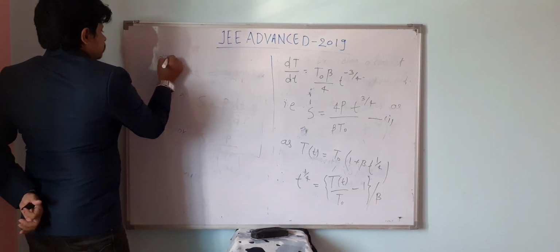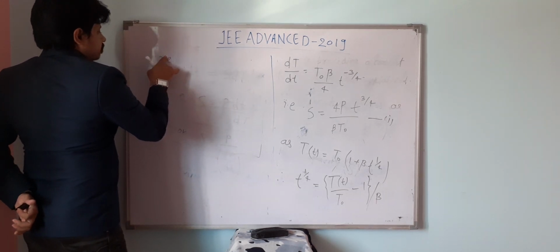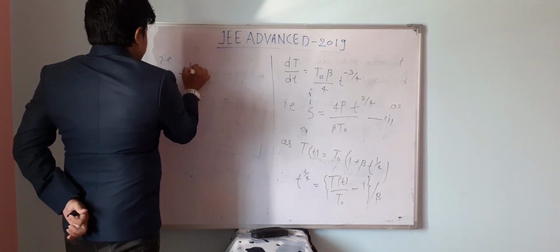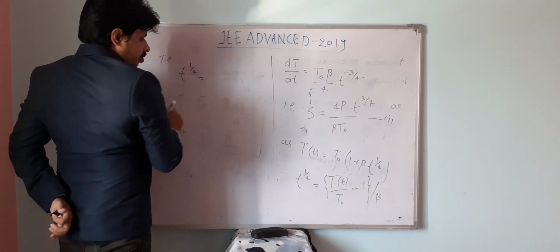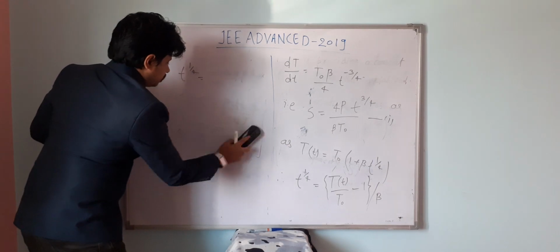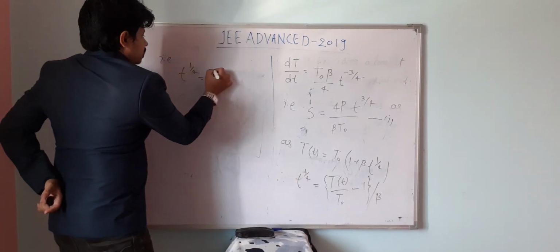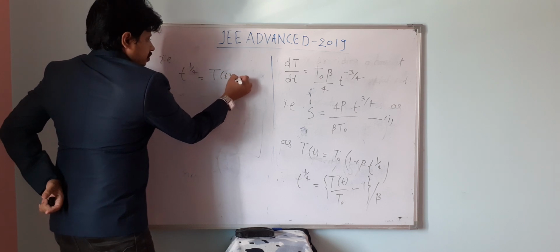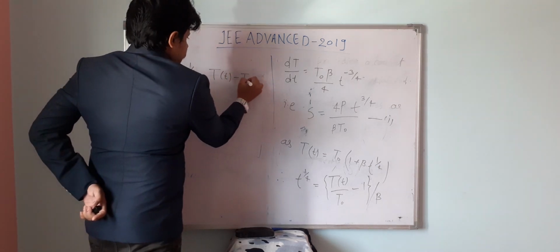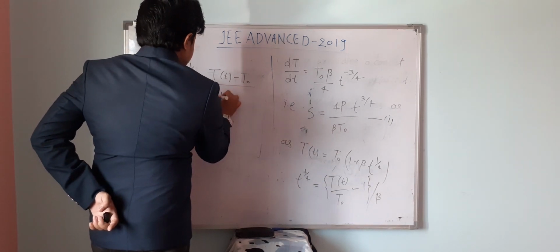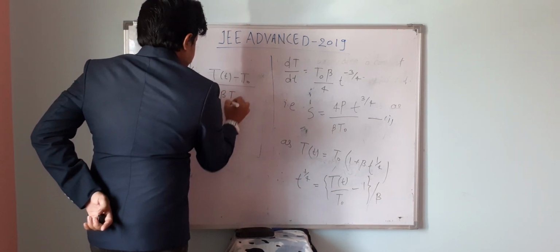That is, t to the power 1 by 4 is equal to T minus T naught by beta T naught.